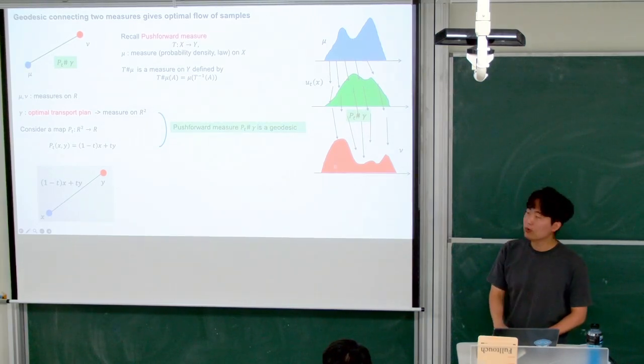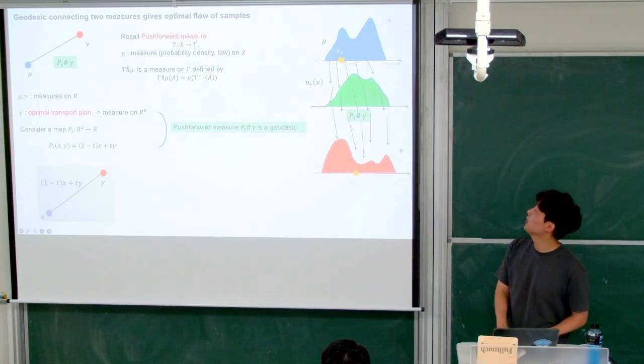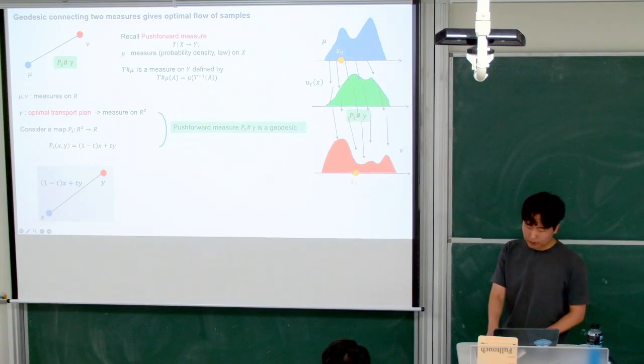So from this flow, if you sample a point from the initial distribution and the target distribution, this initial point will move along this fluid to reach x1.